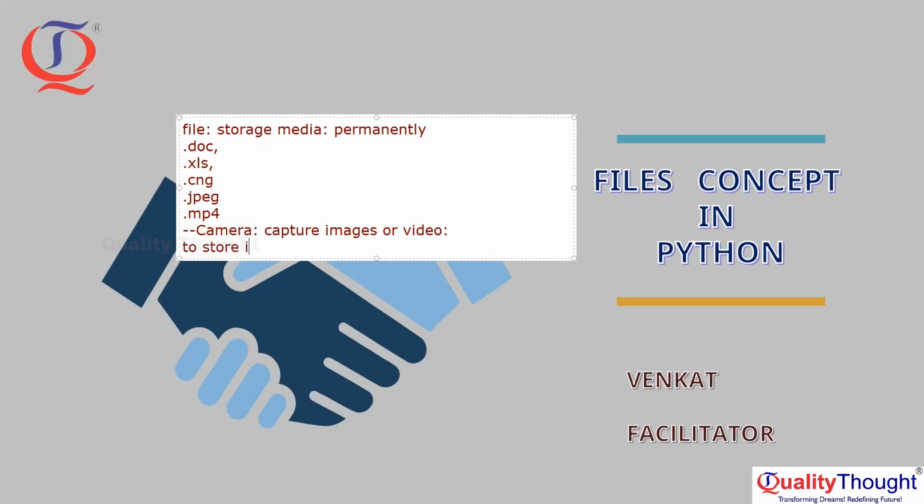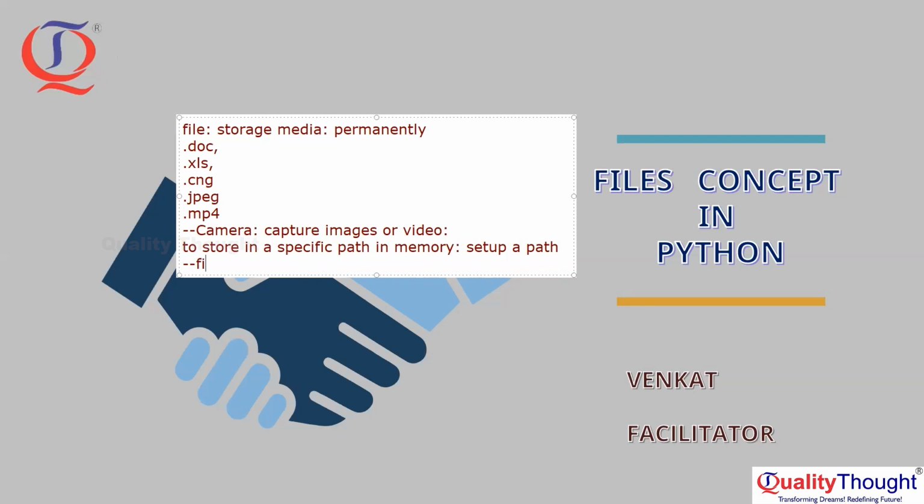To store in a specific path in a computer or laptop, in a cloud, in memory, we have to set up a path where to store. We have to go with the files concept, because we need to store in a particular file. Otherwise, the media will not be available. The file extension might be different.